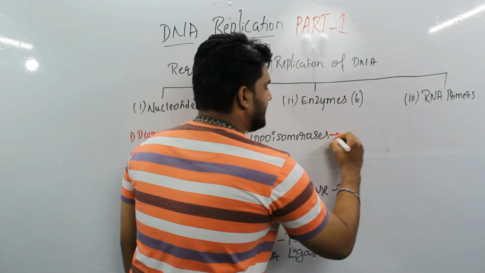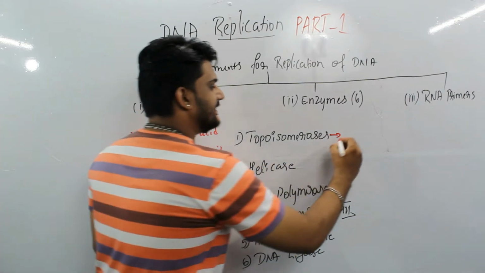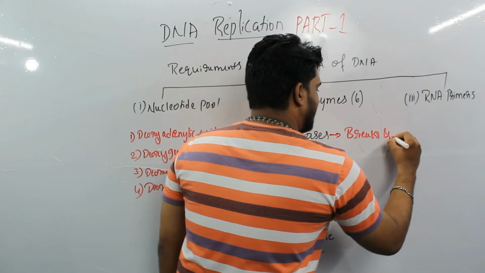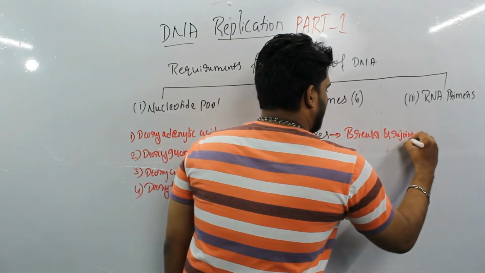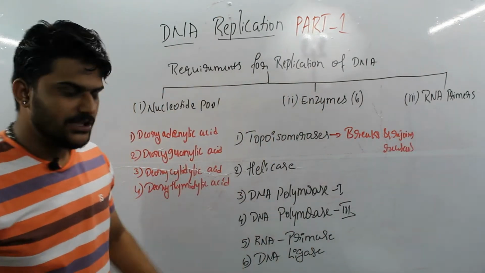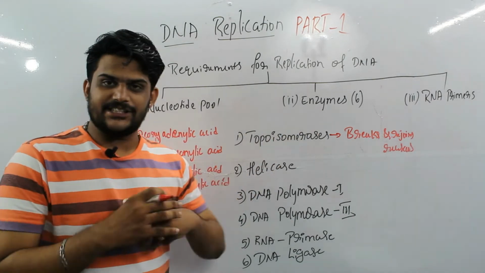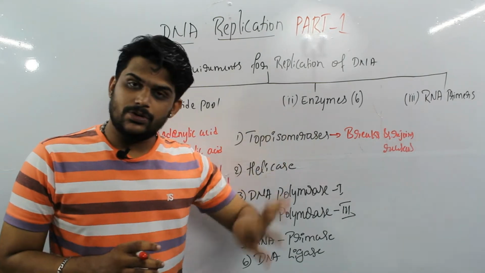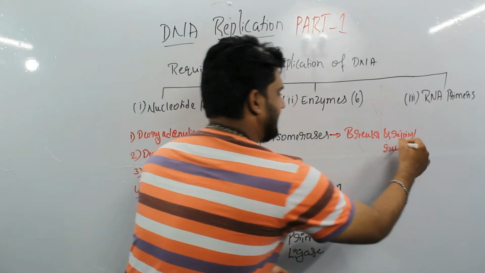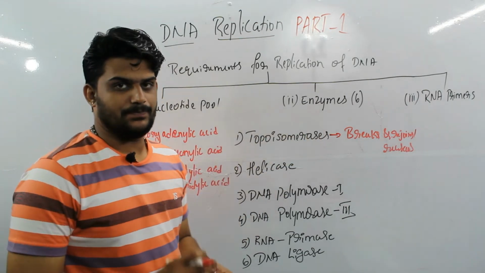So topoisomerase is an enzyme which breaks and rejoins or reseals the DNA double helix strand. So it breaks it open, and after the replication process, it rejoins or reseals it.